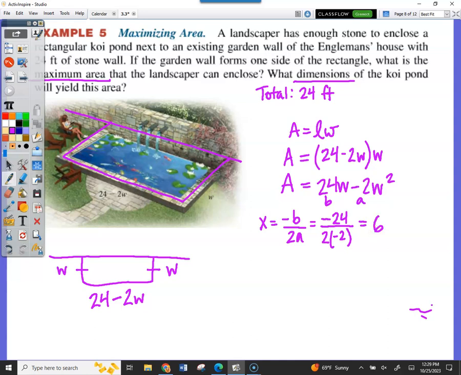6 is the x-coordinate. How do I find the y-coordinate? Plug it in. So I'm going to plug in 6 into 24 times 6 minus 2 times 6 squared.